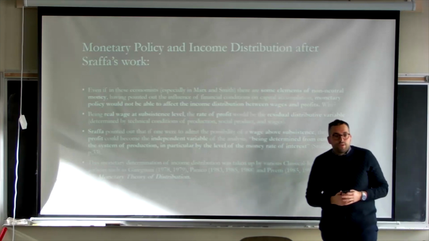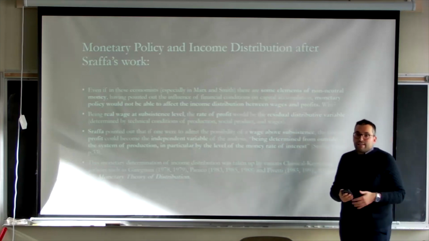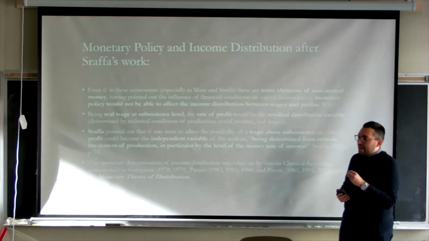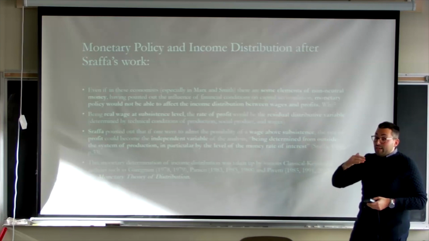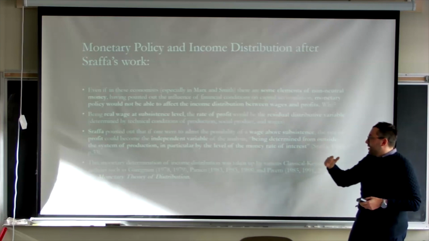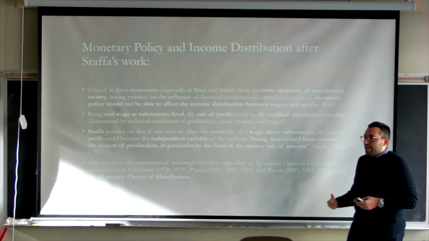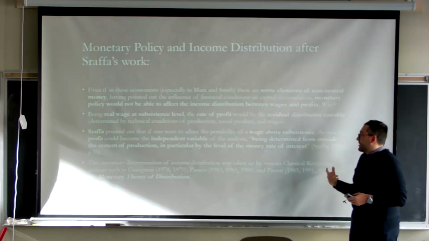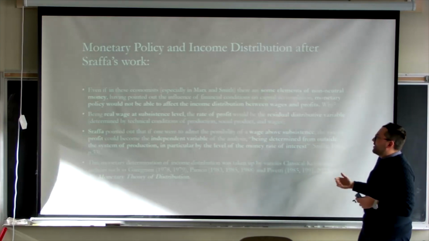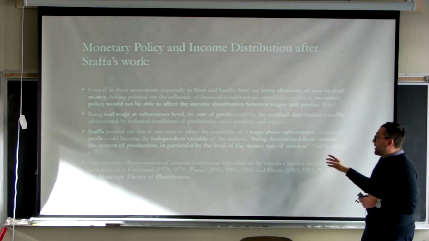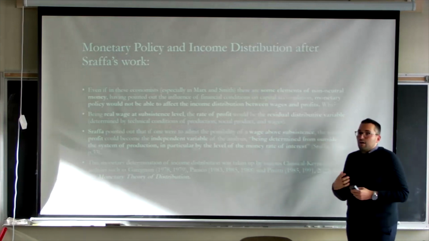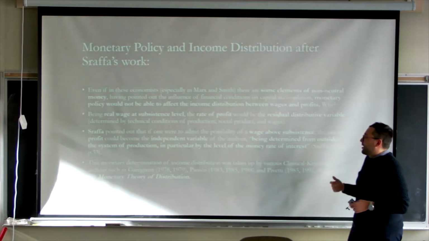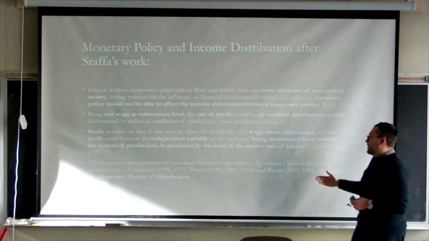But it's important to point out that Sraffa in 1960 underlined that if wages are above the subsistence level, the rate of profit can be the independent variable in this system, being determined from outside the system of production, in particular by the level of the money rate of interest. From this insight was born the Sraffian theory of monetary distribution, with the works of Garegnani, Panico, and Pivetti.